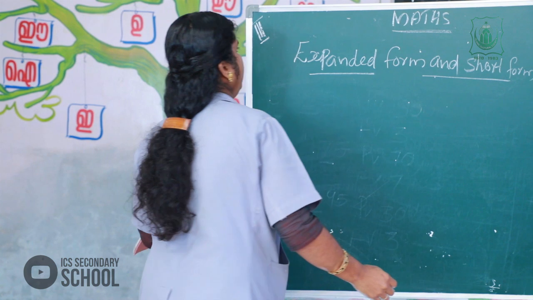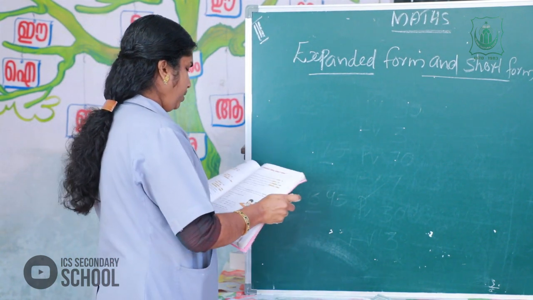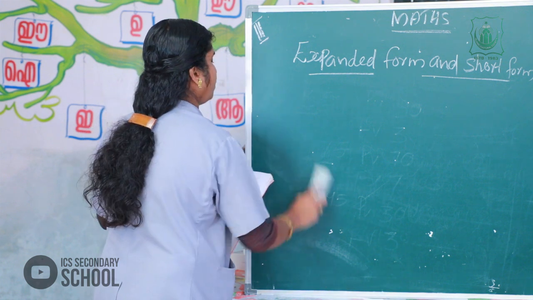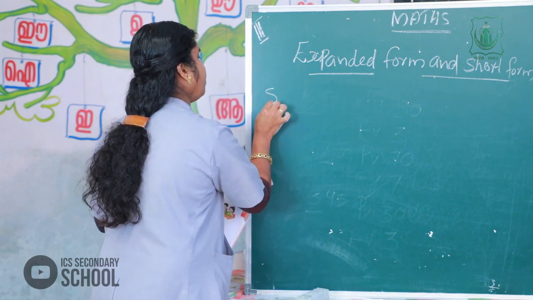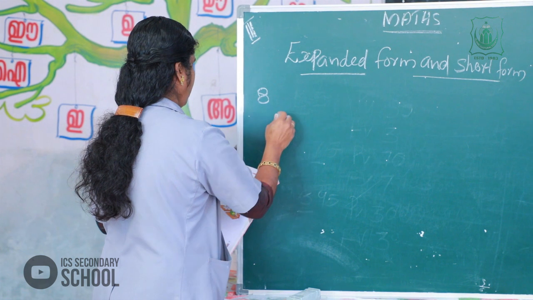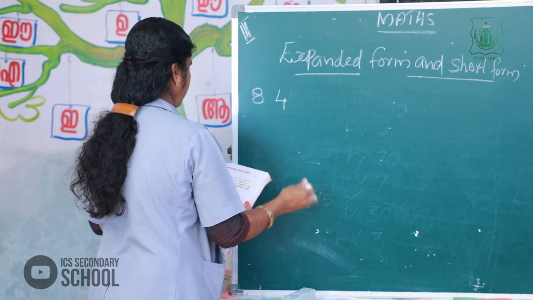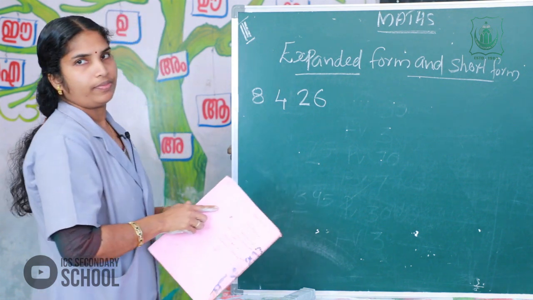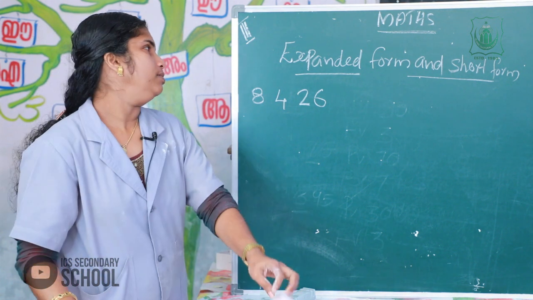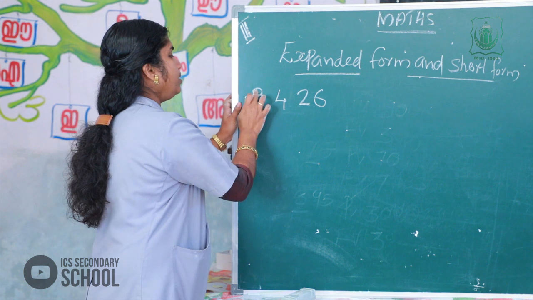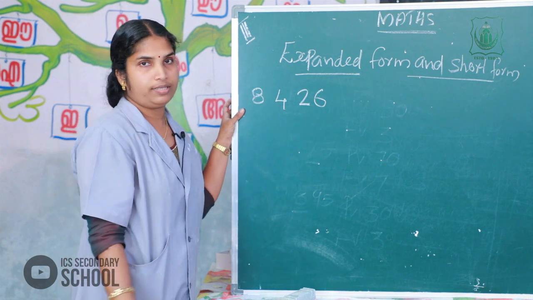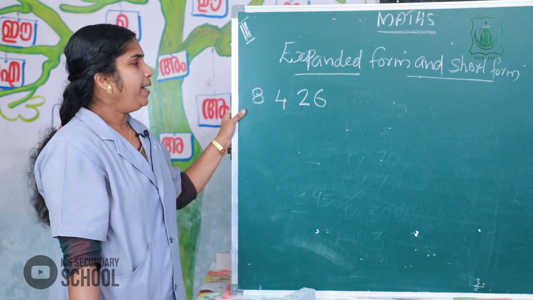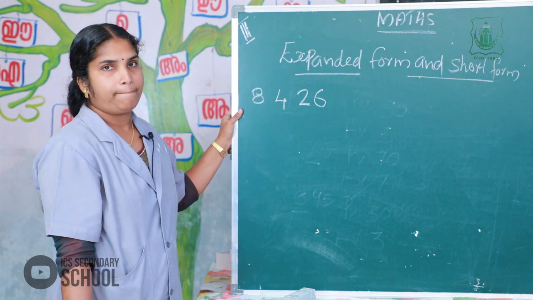Let's consider a number, 8,426. Try to write the place value of each digit of this number.